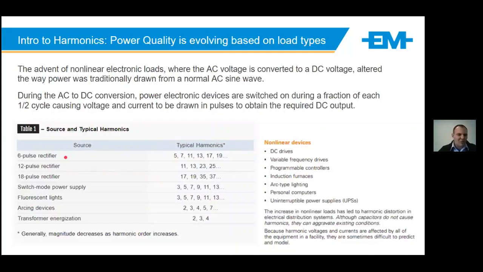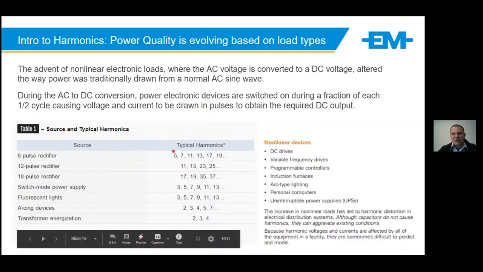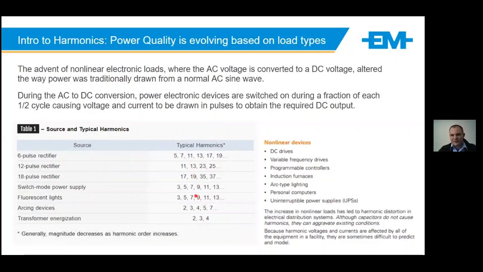We have an example here between a 6, a 12, and an 18 pulse, and the different harmonic orders that would be affected. Switch mode power supplies, fluorescent lighting, and arcing devices all contribute some sort of harmonic into our network.